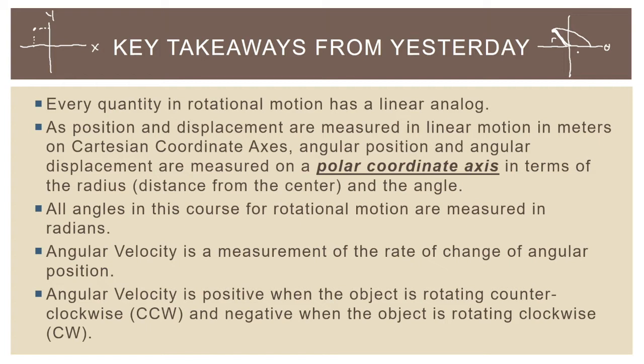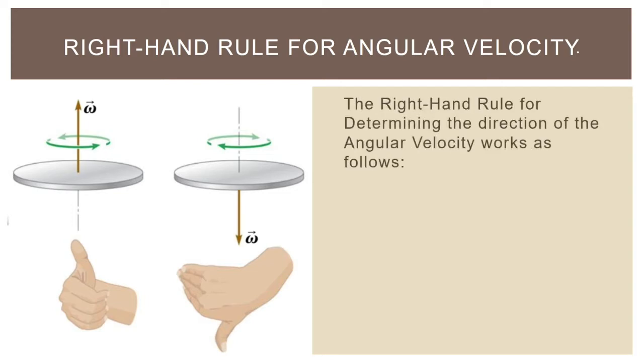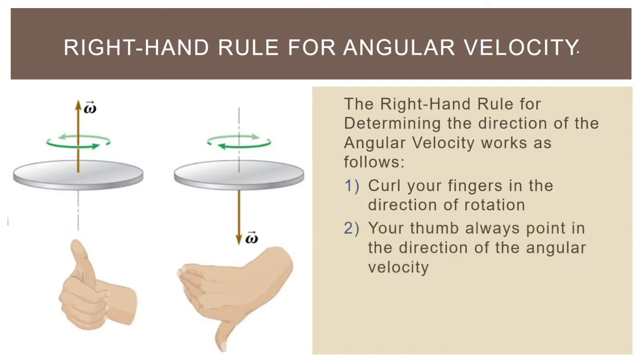But the way we determine the direction of the angular velocity ultimately has to do with a right-hand rule. And it works pretty simply. Basically, what we do is we take our fingers on our right hand and we curl them in the direction of the rotation. And that means then that our thumb points in the direction of the angular velocity.